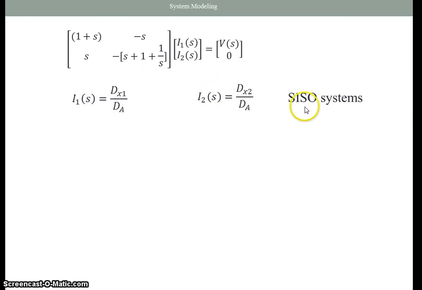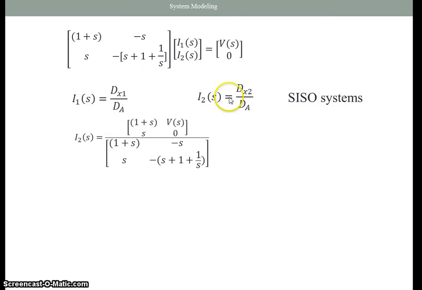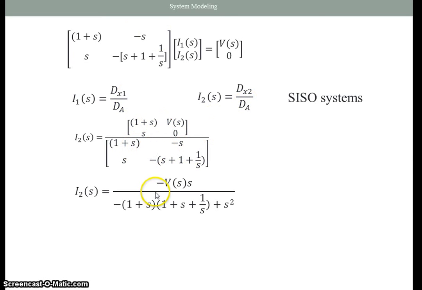But since we are using single input, single output analysis in this module, we will be using I2 as our output. So to do that, we will just substitute the constants on the second column of this matrix A divided by the determinant of matrix A. Matrix A, by the way, is the matrix that has been discussed in the previous video.